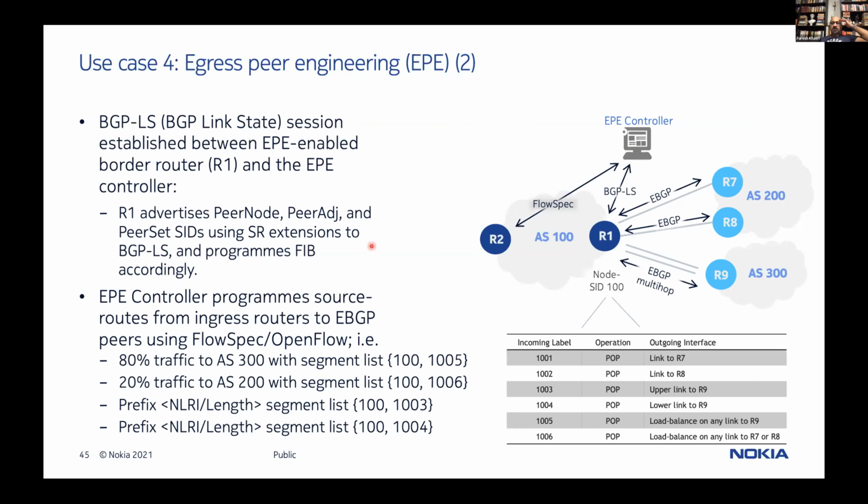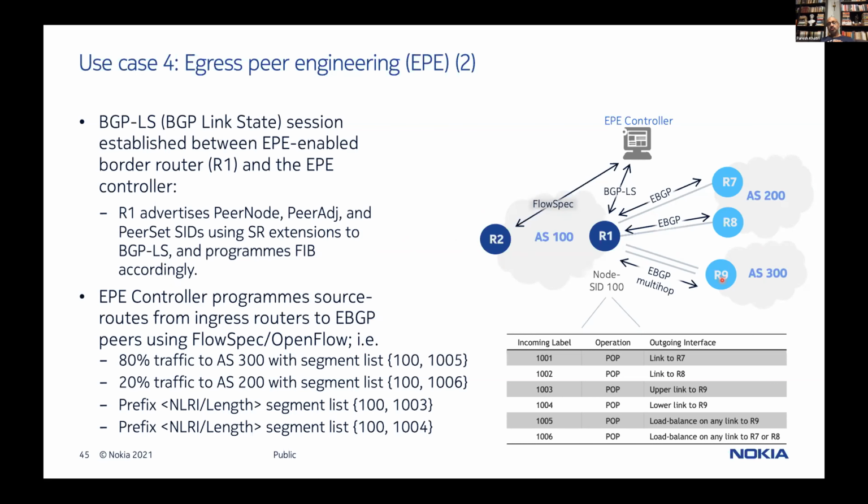So here's a set of examples that make this possible. Now, a common challenge we might have in a network is if, for example, AS100 is a transit AS, it's got traffic coming into R2, and it could go either through AS200 or AS300, following normal BGP path selection.